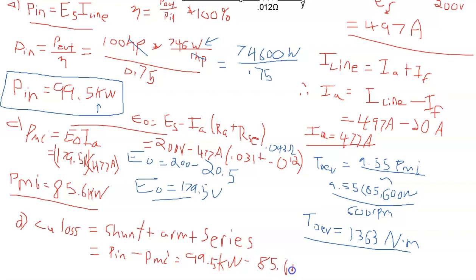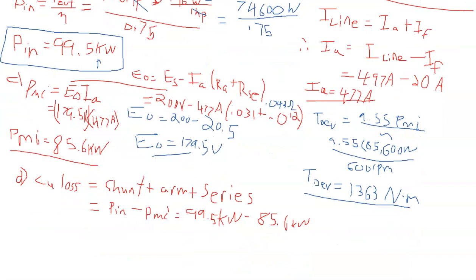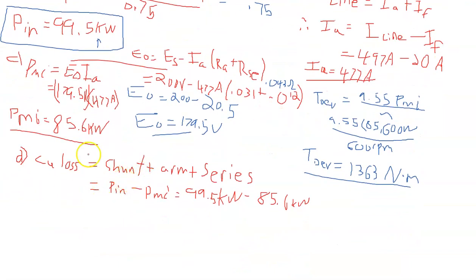And you can check the math there and show that that agrees with IF squared times RF, IA squared times RA, and IA squared times RC, or IF squared times RF plus IA squared times that 0.043 ohms we had up there.